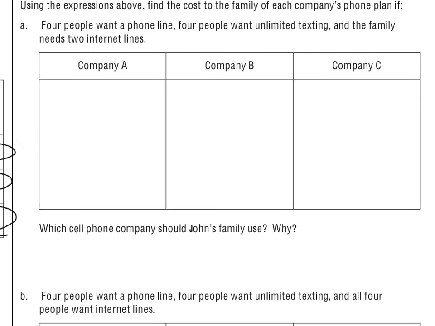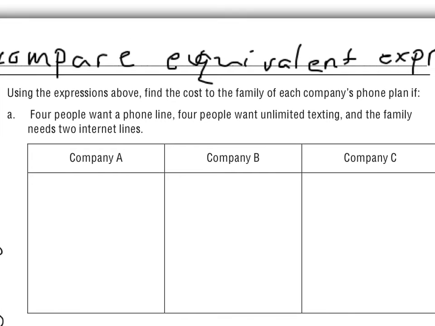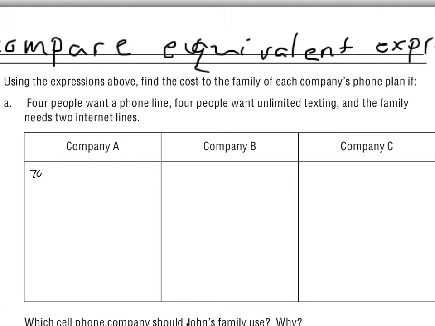For company A, we have 70 plus 20x plus 15y plus 15z. For company B, it's 90 plus 15x plus 10y plus 20z. And for company C, it's 200 plus 10x.